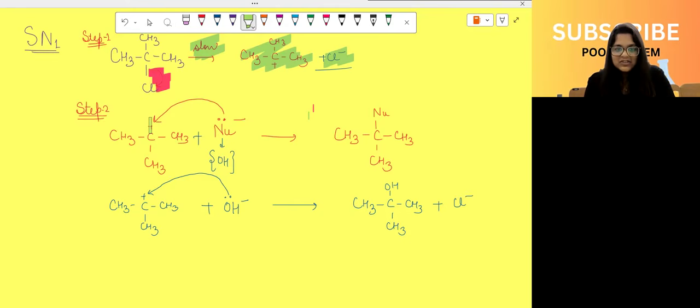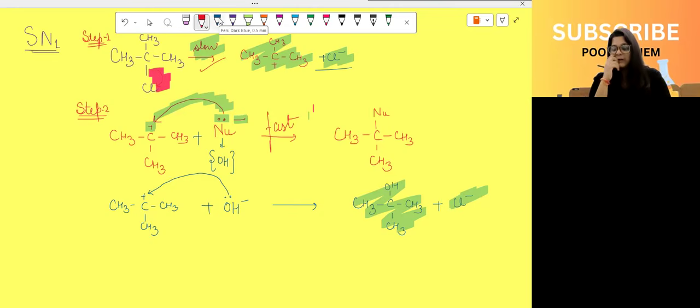Then show this positive charge on the carbon very clearly, and the lone pair with the negative charge on the nucleophile. This arrow has to be there. And finally, the overall attack with the negatively charged ion. Everything has to be there. This is a fast step reaction and that's a slow step reaction. So the SN1 reaction carries forward in two steps, one is slow and one is fast.